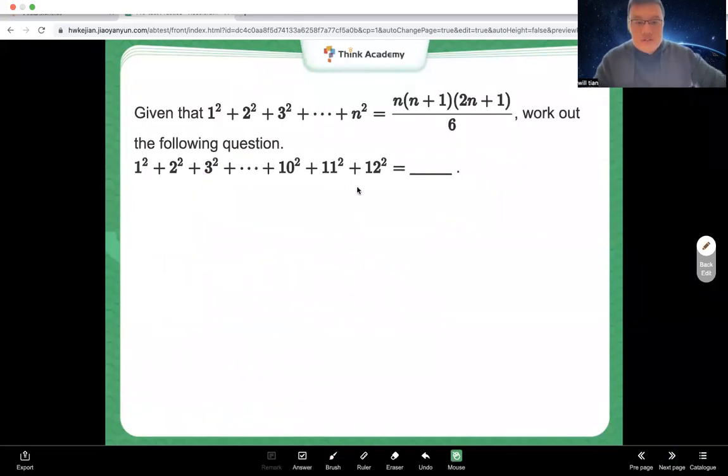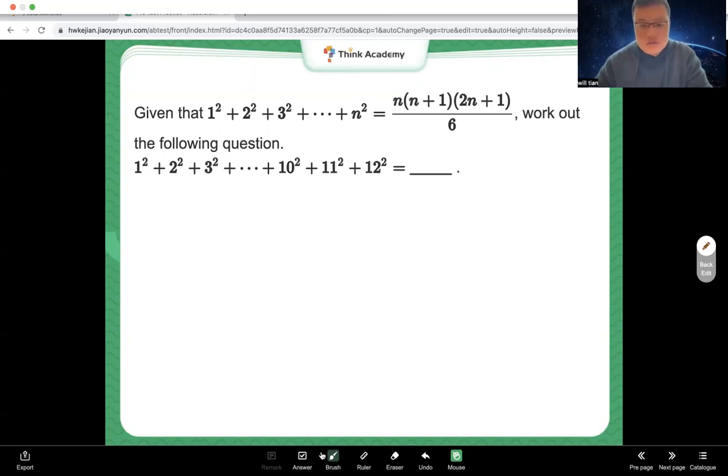So for this question, guys, you're given this formula, which is about we're going to count from 1 all the way to n. That'll be 1 squared, 2 squared, 3 squared, all the way to n squared. So guys, for now, you don't need to remember that formula. In the exam, we will just tell you directly.